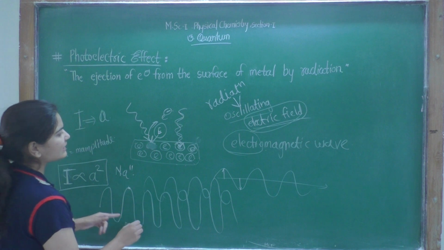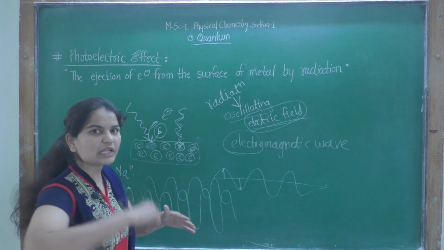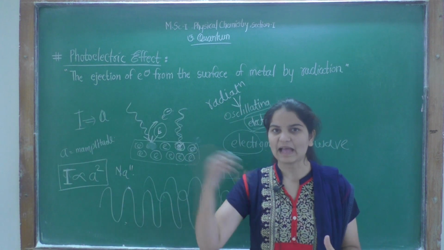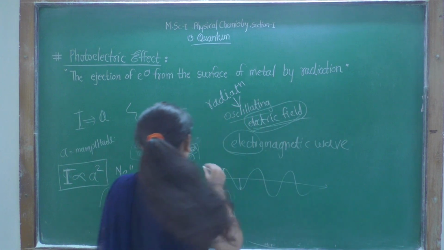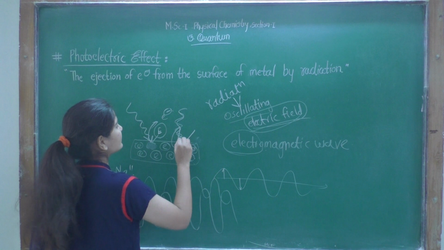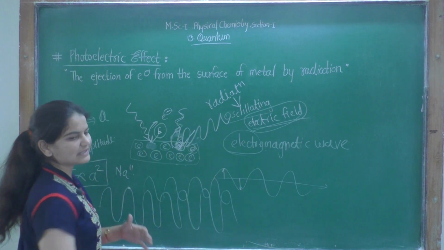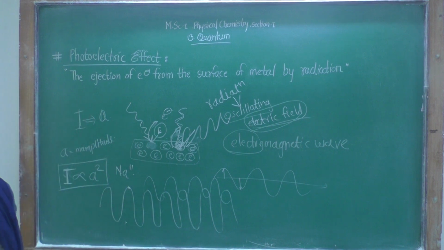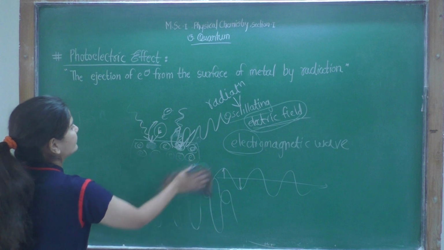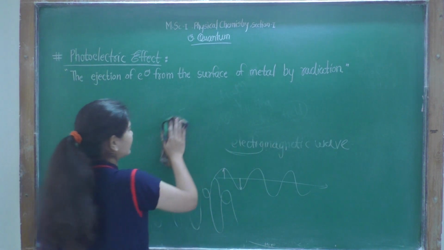As its amplitude increases, the oscillations of the electron will also increase, and at a particular point, the electron will oscillate so vigorously that it will eject from the metal surface, due to vigorous oscillation. This is told by classical theory. Classical theory provides this explanation for the photoelectric effect.